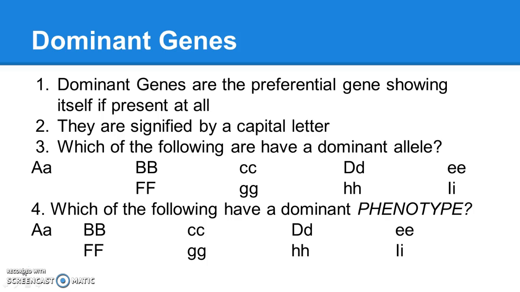Write those down, and then I'm going to circle the ones that are correct. If you circled the same ones, you got those right, so you are understanding what a dominant gene is.